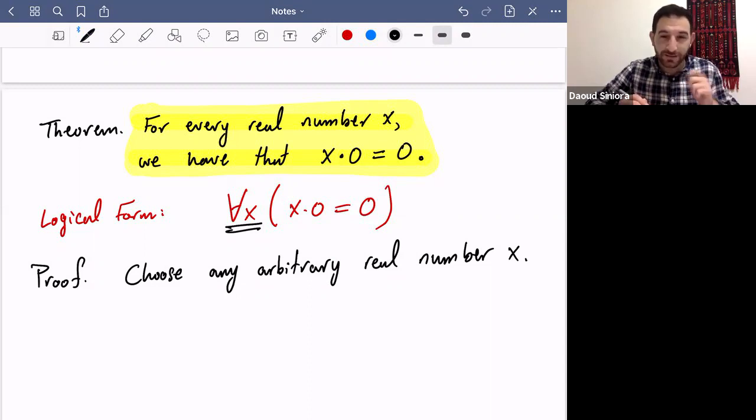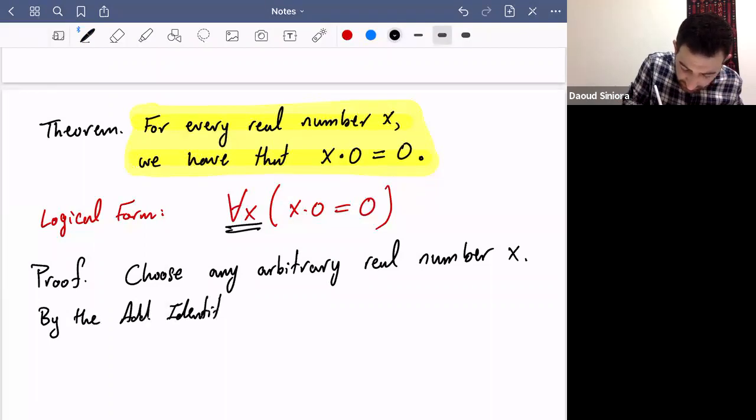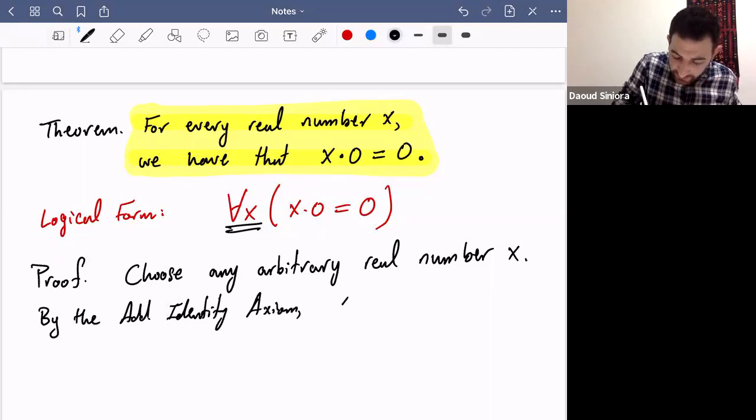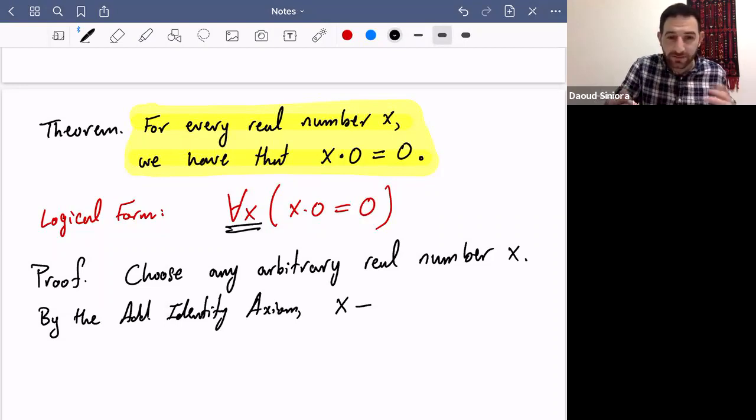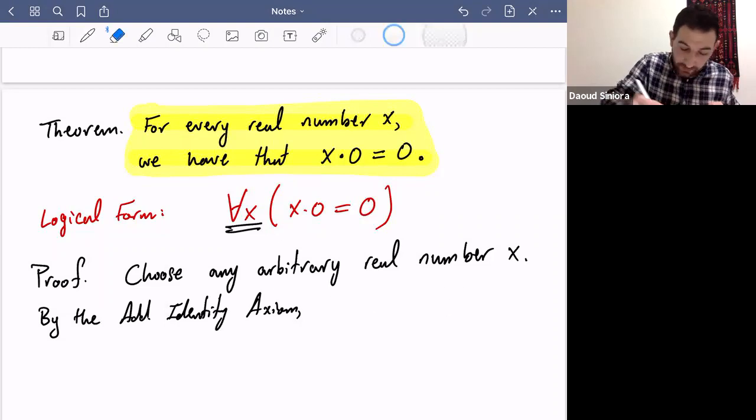So by the additive identity axiom, if you have any real number x and you add it to 0, you get x. Now apply this axiom to 0 itself. Sorry, here I shouldn't use x because I already used it.